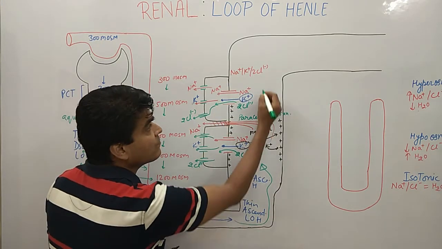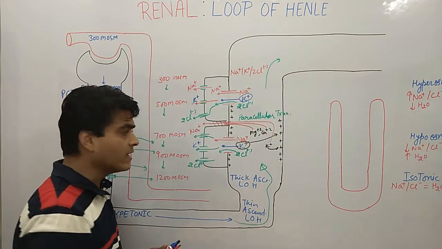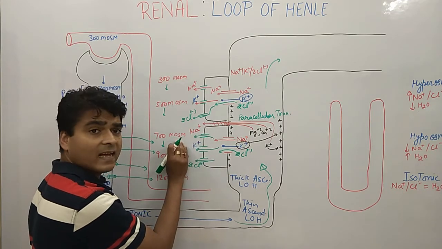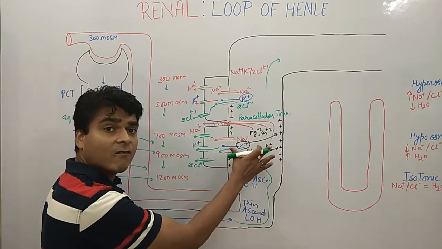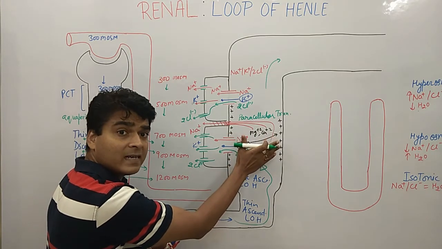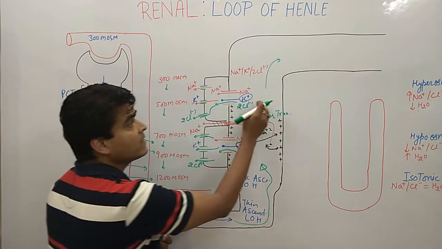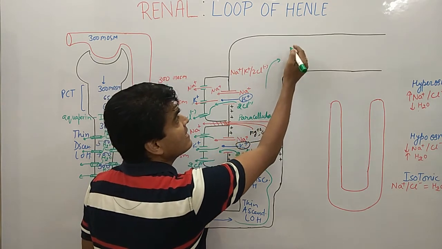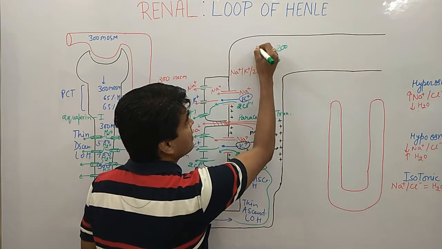So when we reach this area, what is the osmolarity? Sodium and chloride are moving into this area, but water is not moving because the thick wall is impermeable to water. So water remains as such, but the salty ions move in this direction. The osmolarity goes down, so it will reach around 200 milliosmolar again.